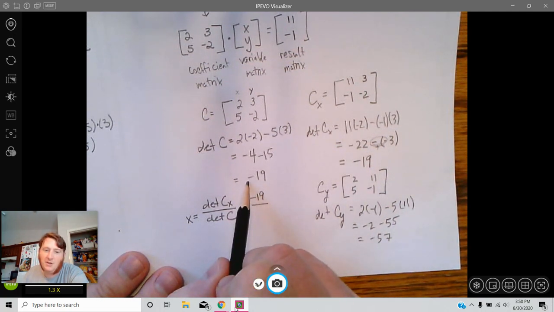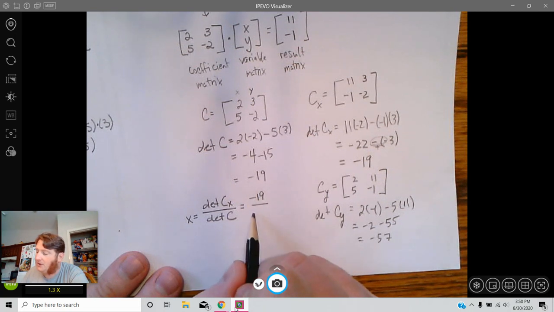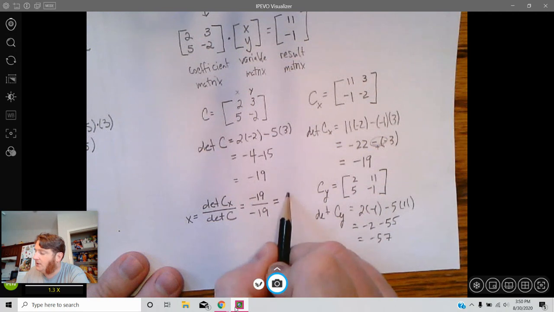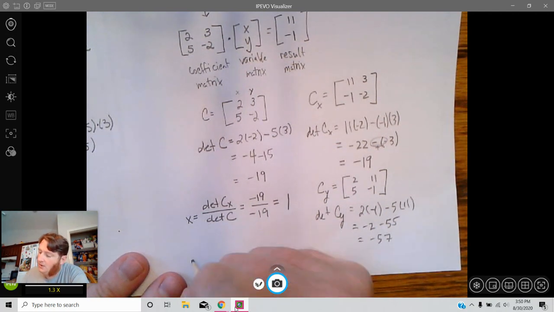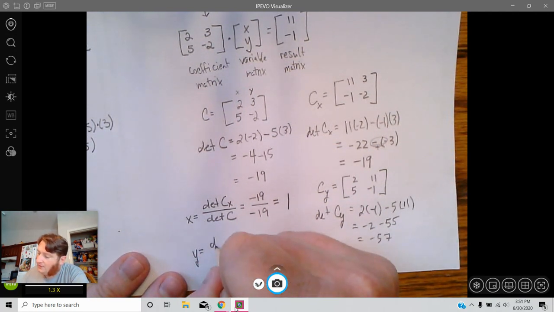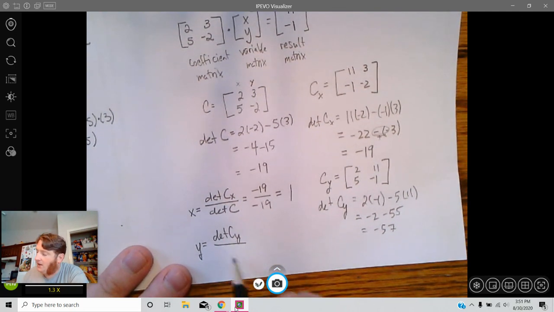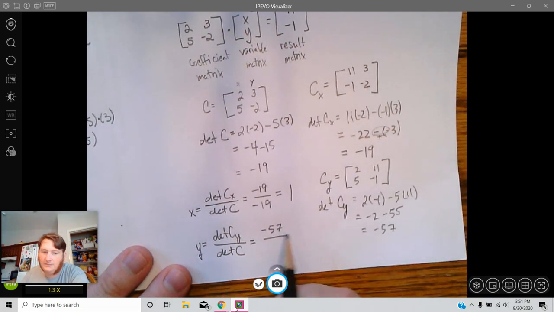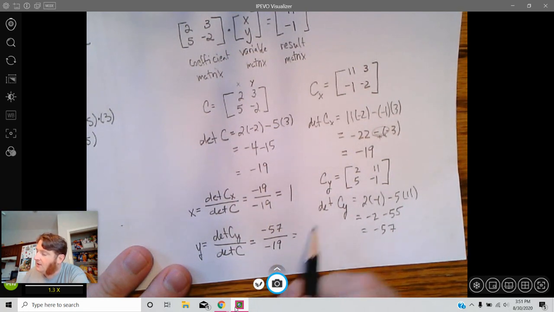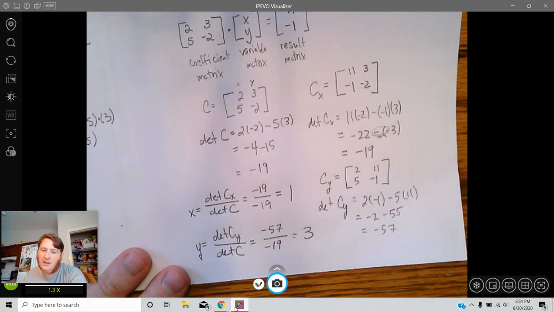The original determinant is going to go in the denominator, also -19. And -19 divided by -19 is +1. Y, similarly, would be the determinant of C subscript Y divided by the original determinant C. So -57 is the numerator, -19 is the denominator, and that happens to be 3.